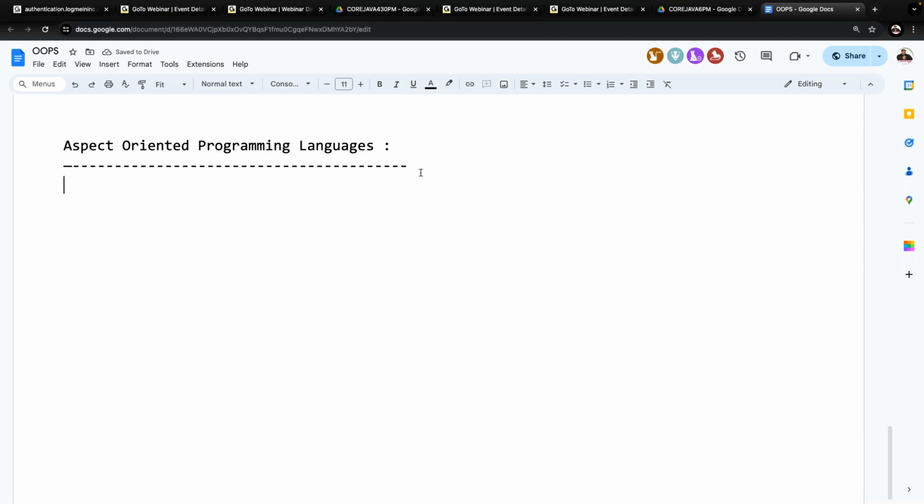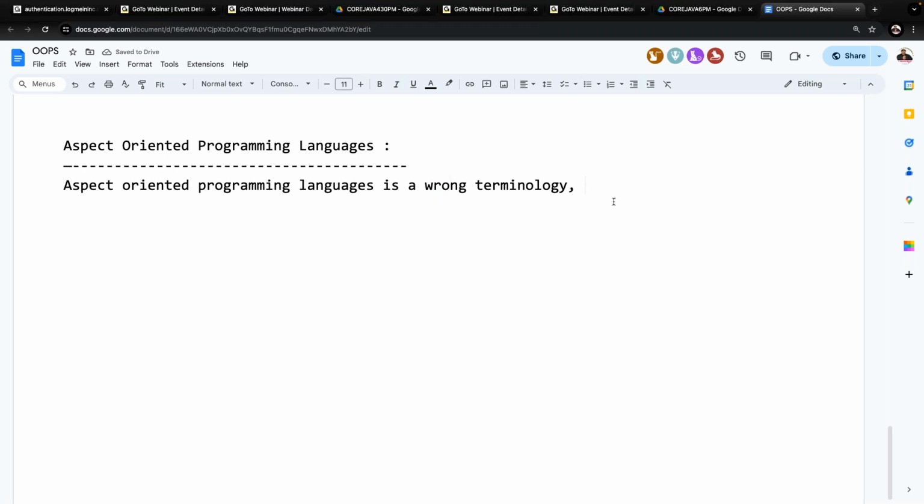Try to observe carefully. Aspect oriented programming languages is a wrong terminology.